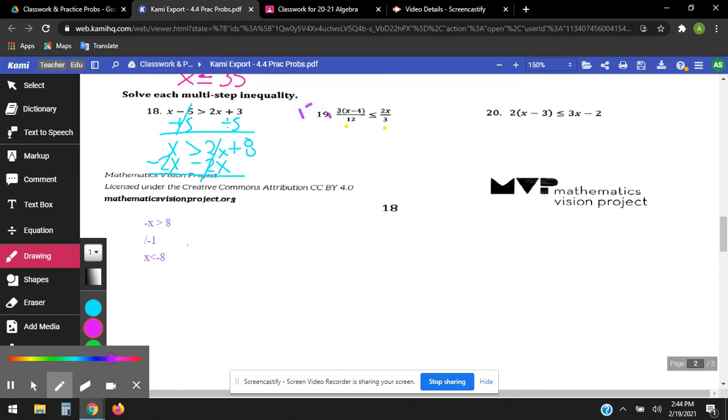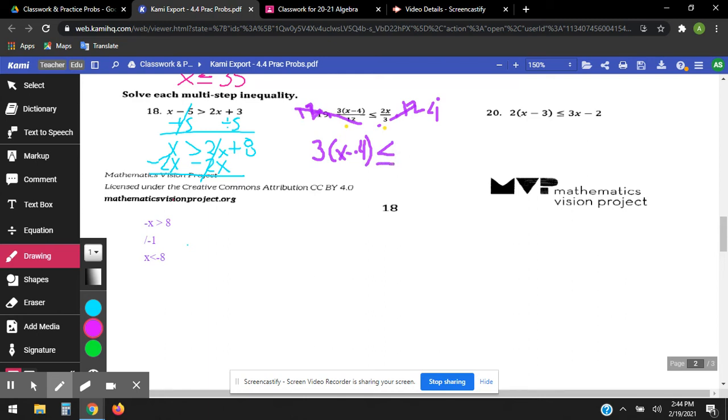So times 12, times 12. Those cancel. That actually cancels to make a 4, right? So now I have 3x minus 4 is less than or equal to, because I've multiplied by a positive, 2x times 4, which is really 8x. Now I'm going to divide both sides by 3. So I can get that parentheses out of there. So x minus 4 equals 8/3 x.